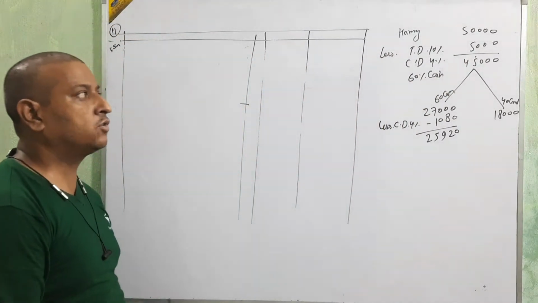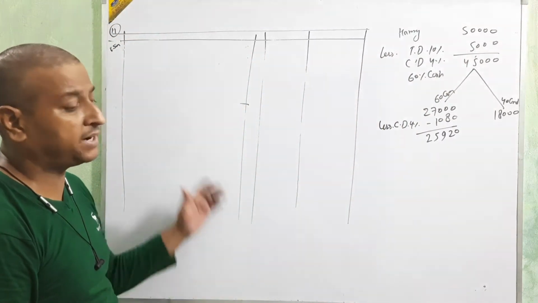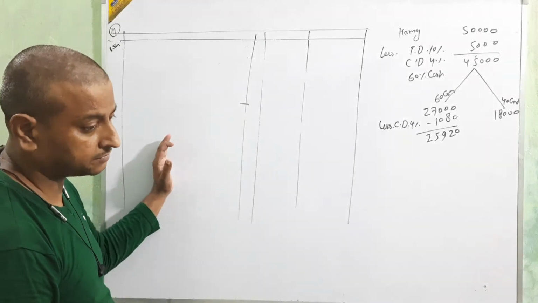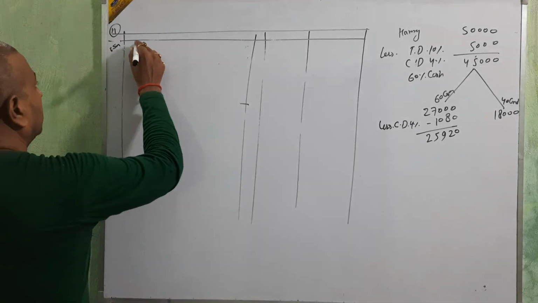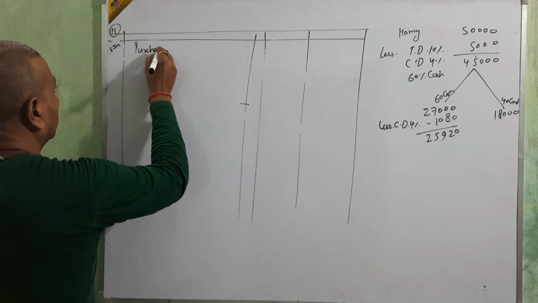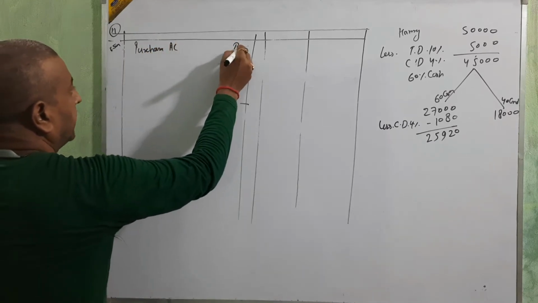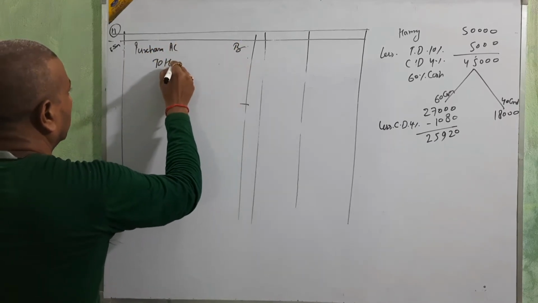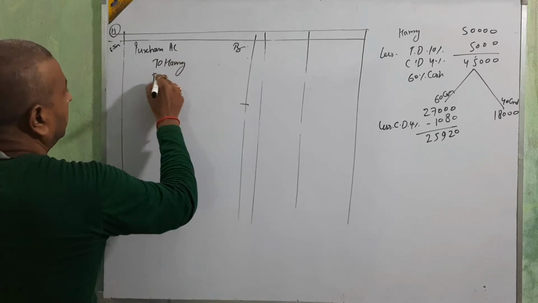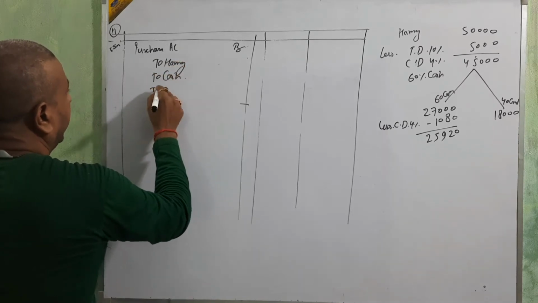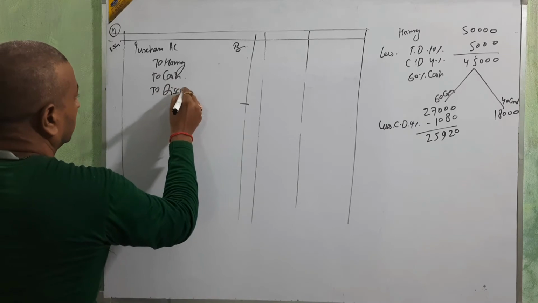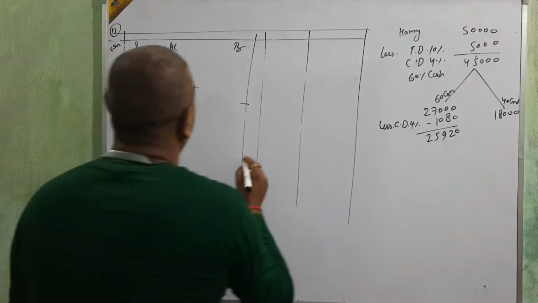Okay, now we are going to start doing the entry. Purchase or sell, beta? Purchase. Purchase, it means purchase account debit, Henry, cash, discount.